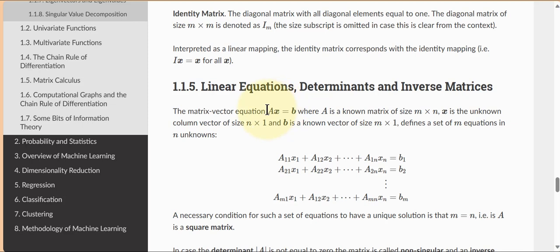And we said that when we do that, we're going to get a new vector, because this is n by m, and this is m by 1, so you're going to get n by 1 as a result. So the result is going to be a vector because of the 1. We'll call that vector b.